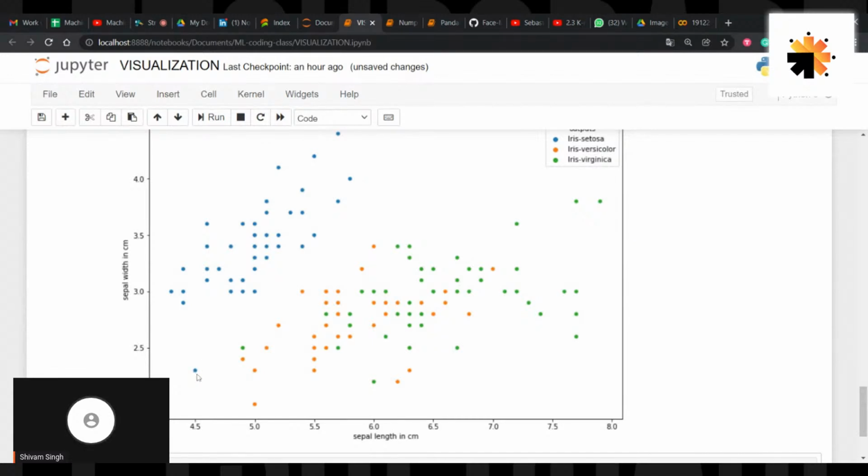There would even be mistakes. With sepal length and sepal width, I can't make the same kind of boundary which I am able to make with petal length and petal width. So I can clearly state that petal length and petal width are the more important features in comparison to sepal length and sepal width.